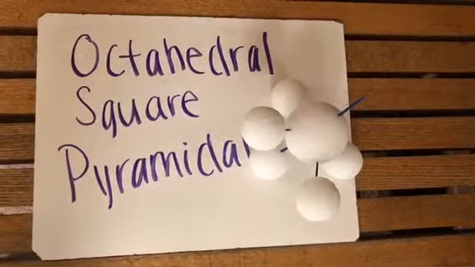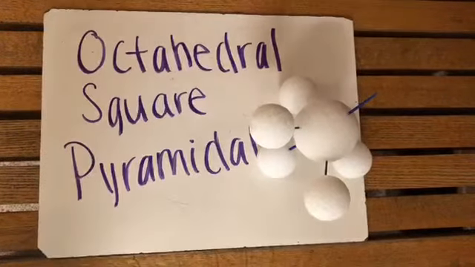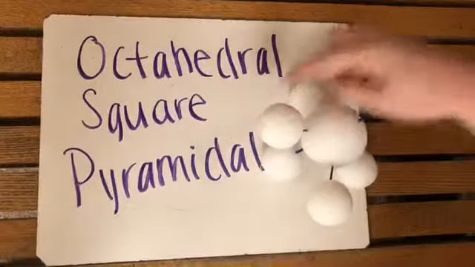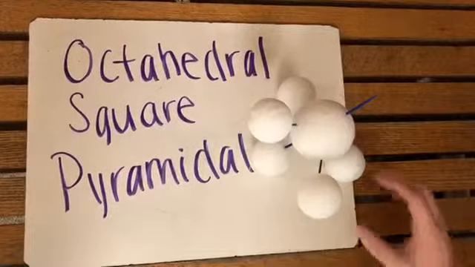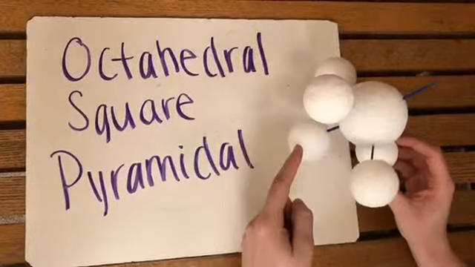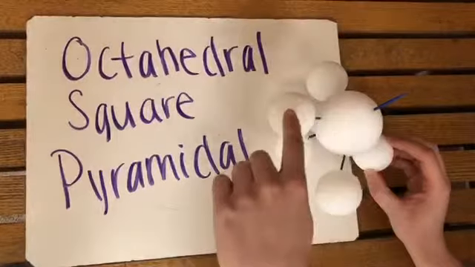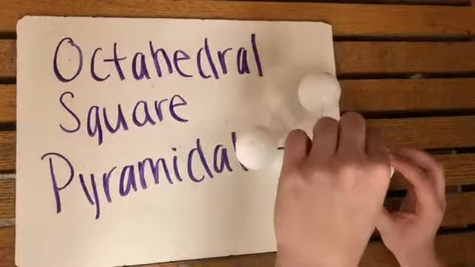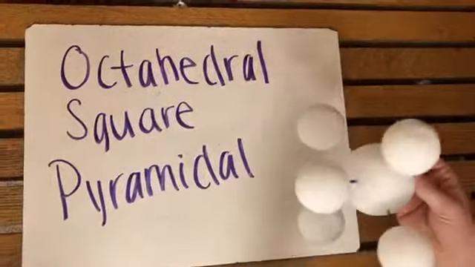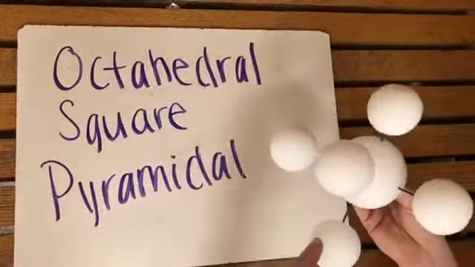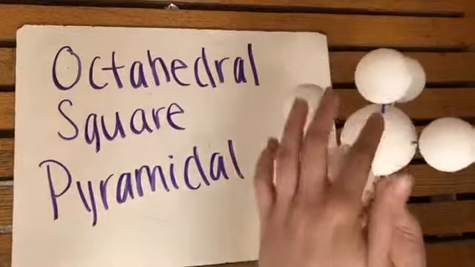Our next shape is the octahedral square pyramidal. It has 5 bonded and 1 non-bonded. All the angles are less than 90 here, and then more than 90 here because of the repulsion of this unbonded electron. This gets its name because there is a square formed between these 4 and a pyramid using this one as the top going down.